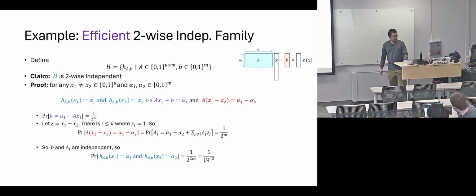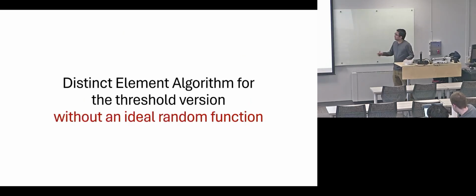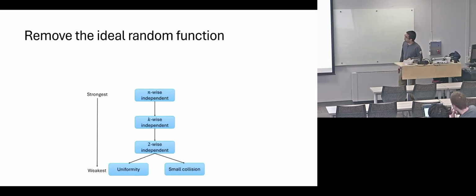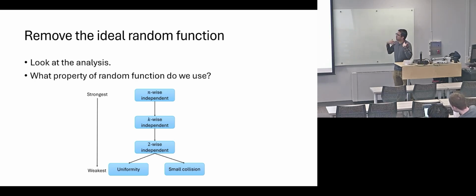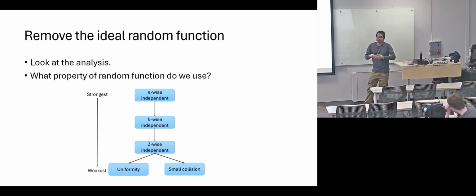Okay. So now what we want to do is to remove the idea of random function with the twice independent one. So we need to look at the analysis that we have done and see what property from the random function did we use, and see if we can replace it with a simpler family that is efficient, right?